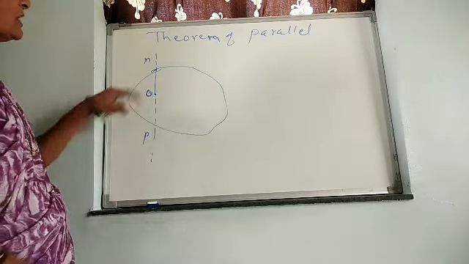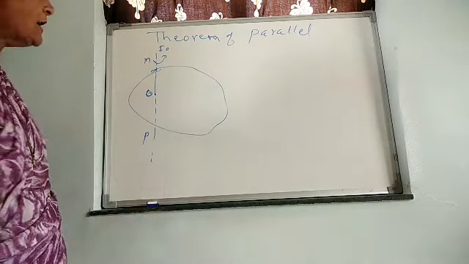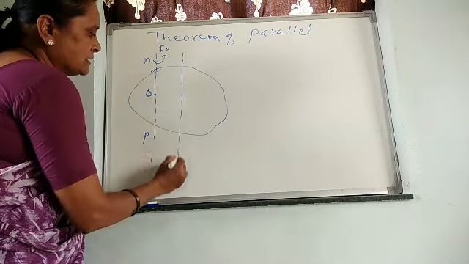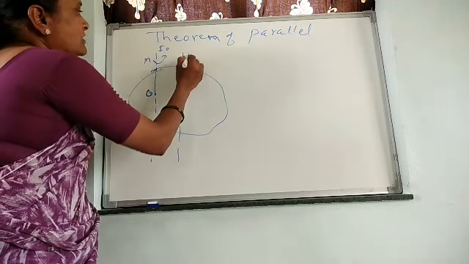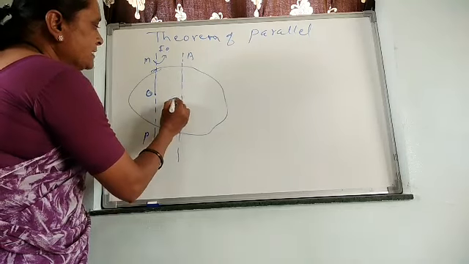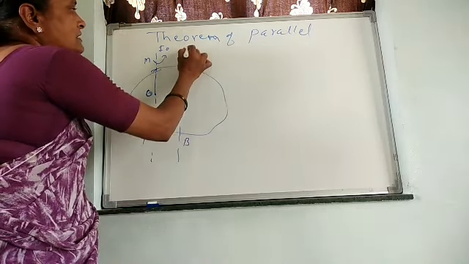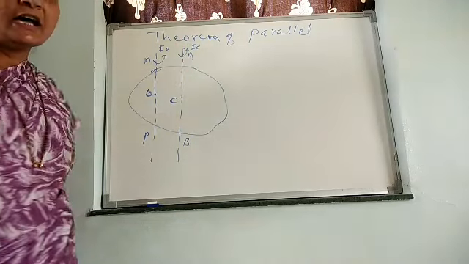That axis passes through the point O, and its moment of inertia is IO. Another axis passes through the center of mass C, and its moment of inertia is IC.